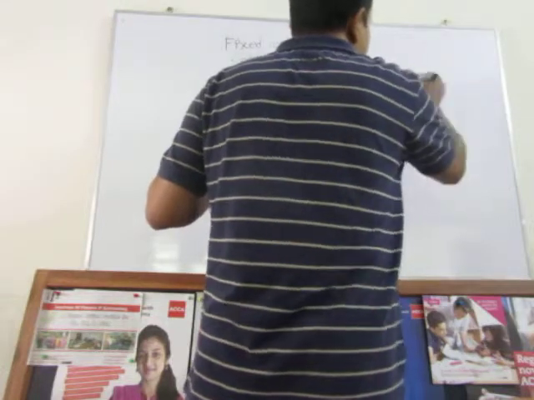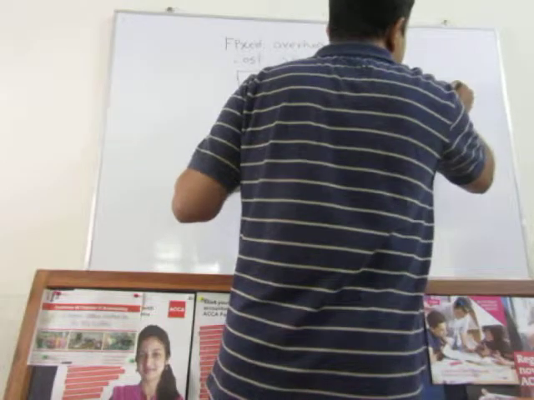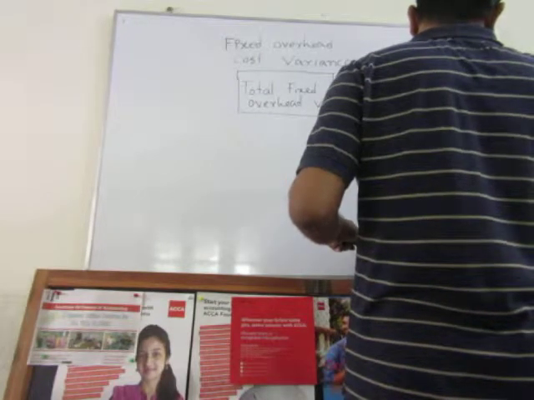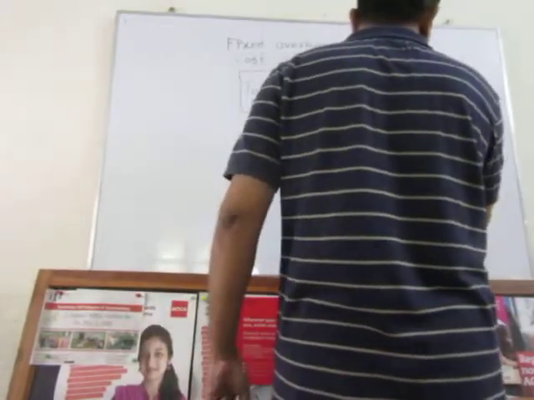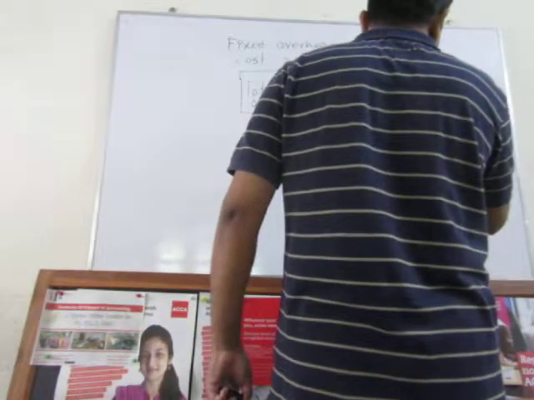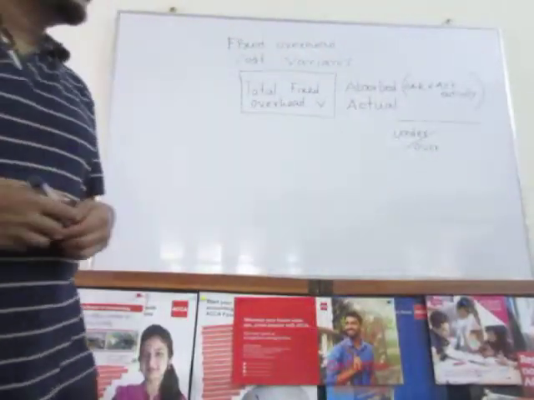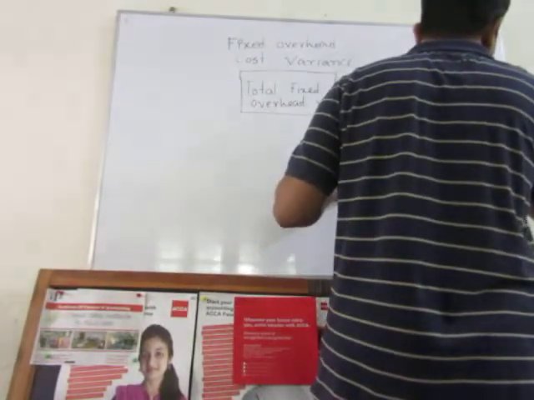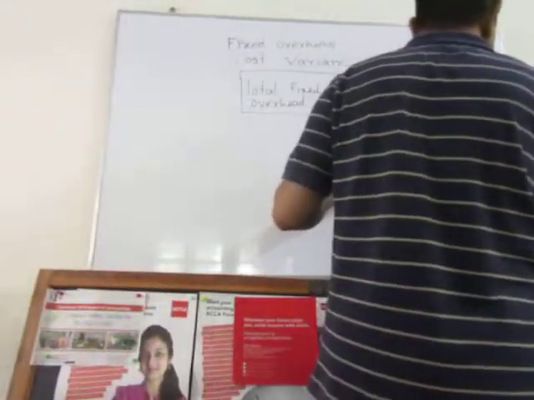Absorbed equals OAR into actual unit activity. Then we find out under or over. If under absorption is there, that will be adverse variance, and if over absorption is there, that will be favorable variance.